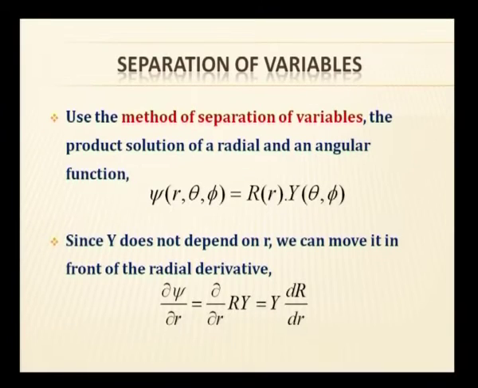Therefore, the wave function psi in terms of r, theta, phi can be written as the radial part R as a function of small r, and Y as a function of theta and phi, and this Y is called the spherical harmonics. I will discuss more about the radial equation and the angular parts after the break. We will have a break at this point.